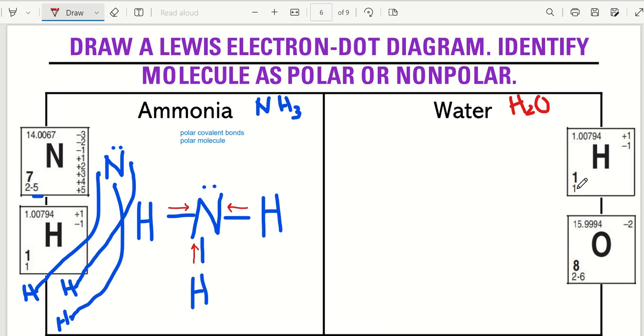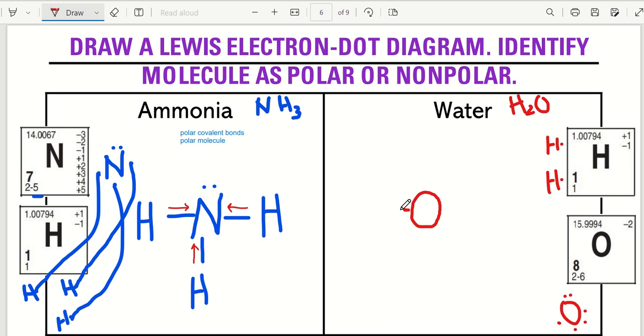And hydrogen, 1 valence electron. Hydrogen, 2 of them. Oxygen, 6, 1, 2. Okay, like this. Well, I have more than 2 things, so I'm going to draw the one that has more unpaired first. Then I have an unpaired one right here.